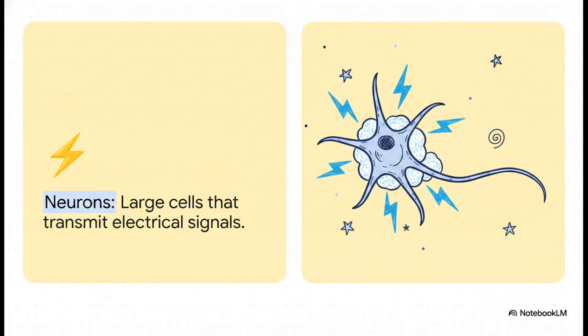This electrical system essentially relies on two distinct cell populations. First, you have the stars of the show, the neurons. These are the large cells that actually fire the electrical signals down their long axons. But neurons are fragile, so they really need the second population, the neuroglial cells. Think of neuroglia as the dedicated support crew. They don't send electrical signals themselves. Instead, they protect, insulate, and maintain the whole environment so the neurons can do their critical work safely.